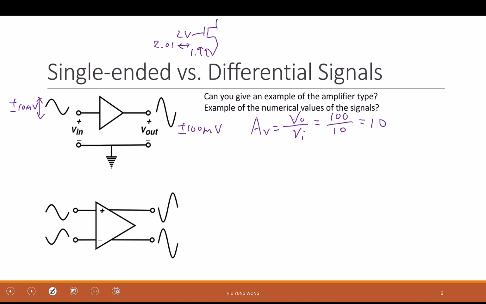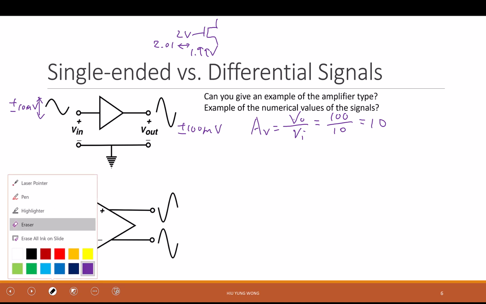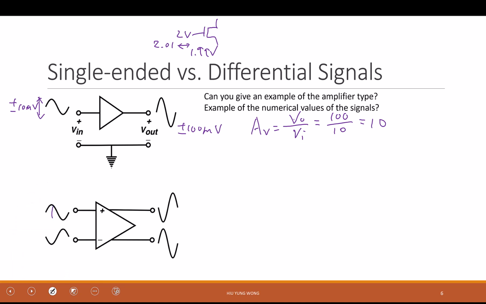So here I have two signals, okay? So one of them, they go up in opposite direction. For example, one will go from, again, it's plus minus, but they go at a different time. For example, at this time, this one go up by 10 millivolt.